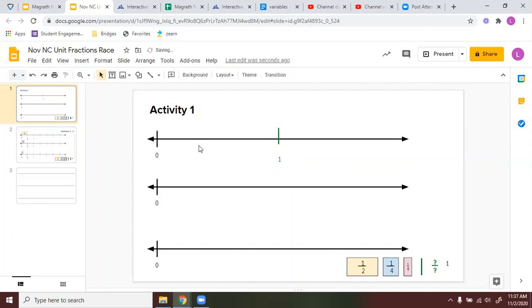Now I need to put that 1/2 on my number line. When I look at the fraction 1/2, I know that we're talking about 1 piece out of 2 equal pieces. So when I look at my number line from 0 to 1, I have to split it so that there are 2 equal pieces.